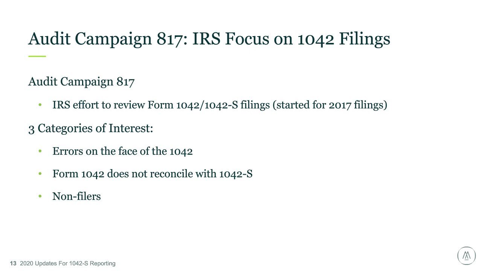Last year at an information reporting and withholding conference in New York, the IRS spoke with a lot of enthusiasm about this new audit campaign that they were running, and that there would be a lot of letters going out and reviews being done starting when 2017 Forms 1042 and 1042-S were filed, and identifying filers who haven't filed the forms that they need to.